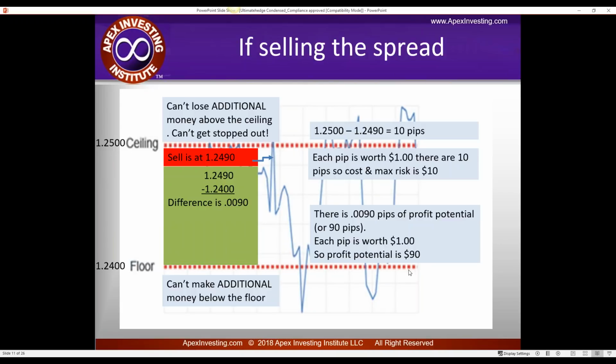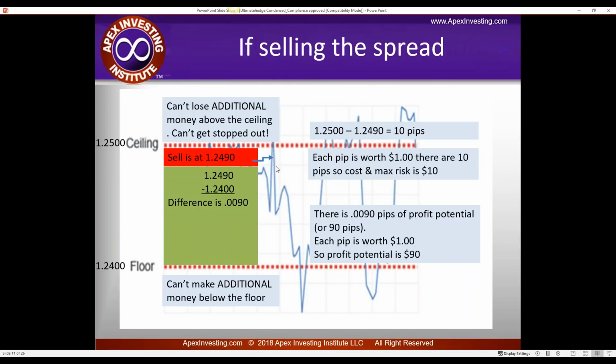Does that make sense? Now, let's say I sold right here at 24.90 and the market comes down to 24.50, and that's when I get out, or when the spread expires. What's the difference from 24.90 down to 24.50?